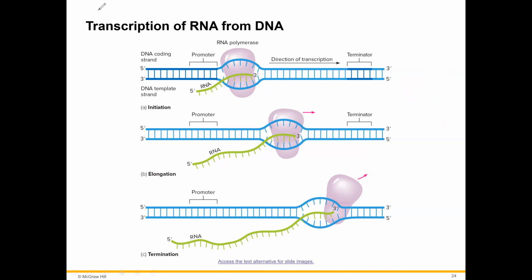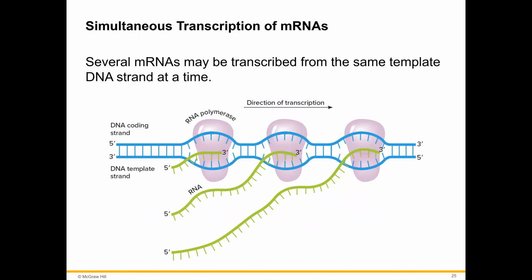Okay, so this is the process of transcription that is made of initiation, elongation, and termination. Now, several messenger RNAs may be transcribed from the same template at the same time. So here's our DNA template strand, and we have several RNA polymerases moving along and making messenger RNAs. Now, why do we need this messenger RNA?